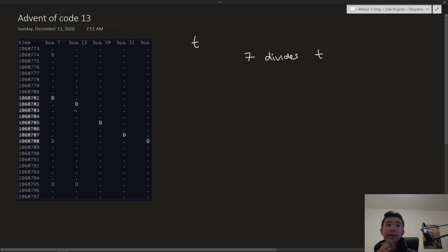Also, 13, when we divide t, okay, so sorry, our timestamp t is going to be 1 before a multiple of 13. So 13, when divided by t, is going to have a remainder of 12.